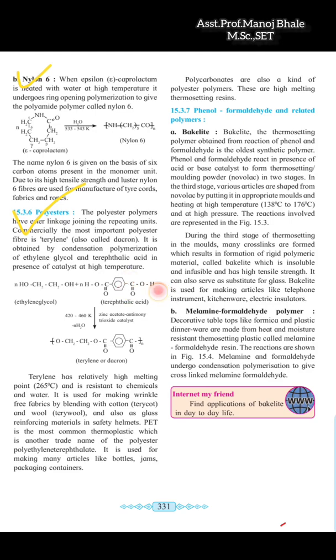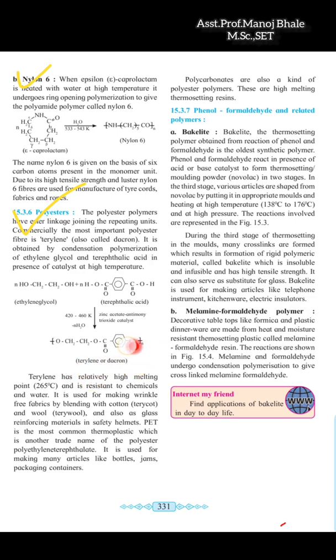This is the terephthalic acid, in presence of zinc acetate or antimony trioxide catalyst, at a temperature of 420 to 460. There is a removal of n number of water molecules, and there is a formation of terylene or dacron.